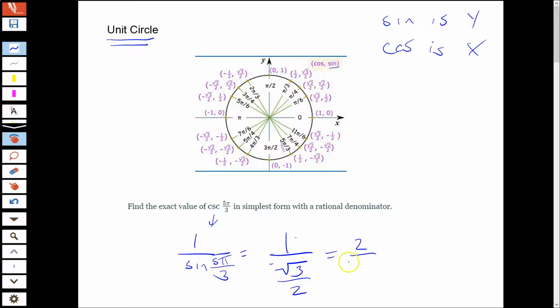So negative 2 over square root 3 is what I get. And then I'll rationalize, right? So I'll do negative 2 root 3 over 3. Okay, so that's how you use this reference. If I had wanted cosine, I would use 1/2 instead. So this tells me that cosine 5 pi over 3 is 1/2. So that's how you use it for sine and cosine. We'll do one more example, and then we'll talk about tangent.